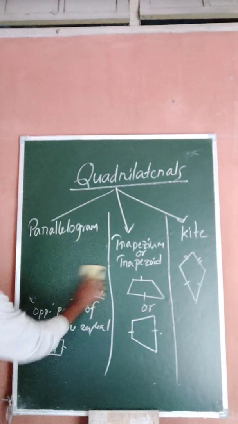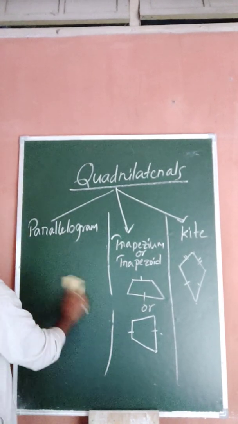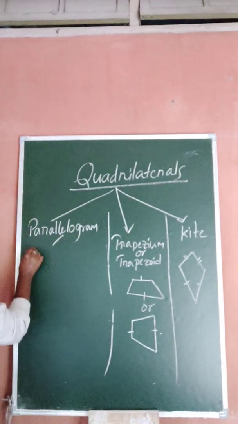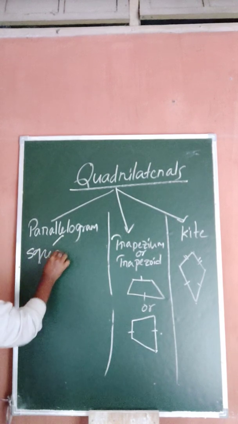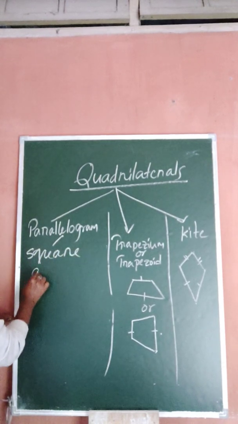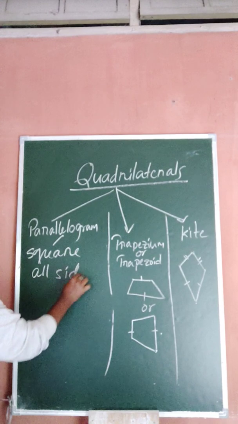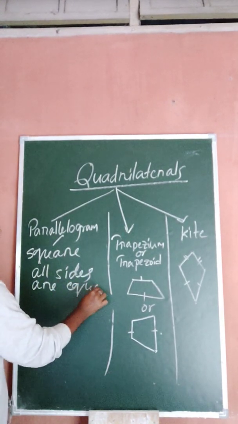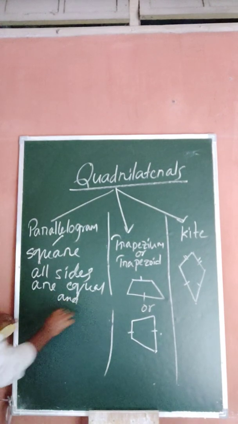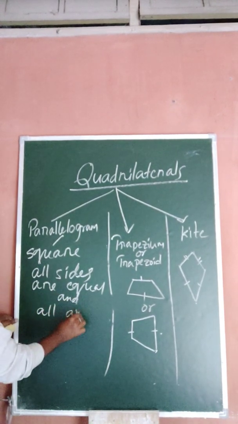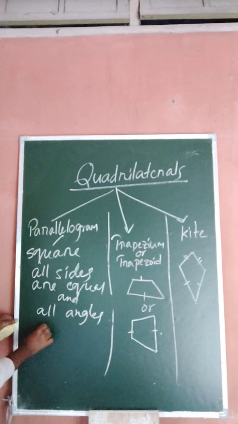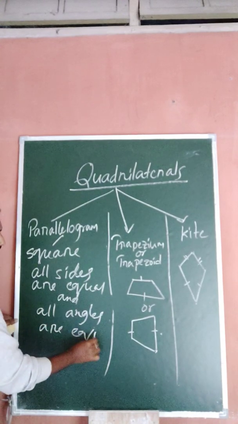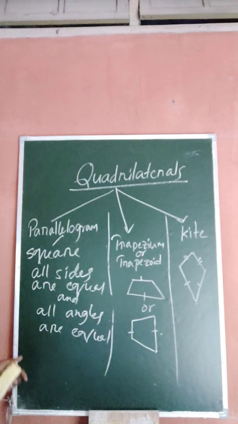Again, I will say this one. There is parallelogram. Suppose square. All of you know that all sides are equal and all angles are equal. That is the criteria of a square.